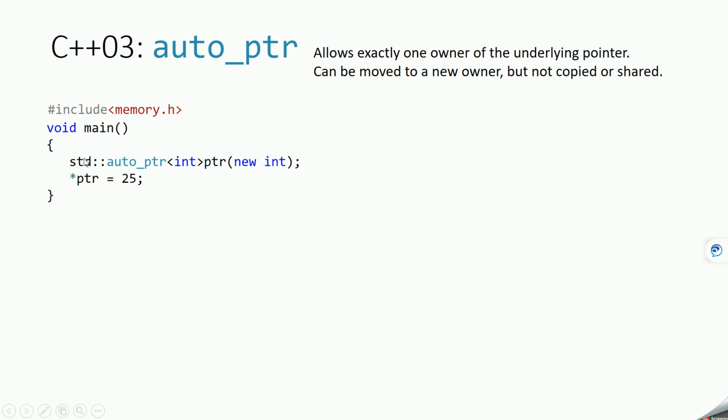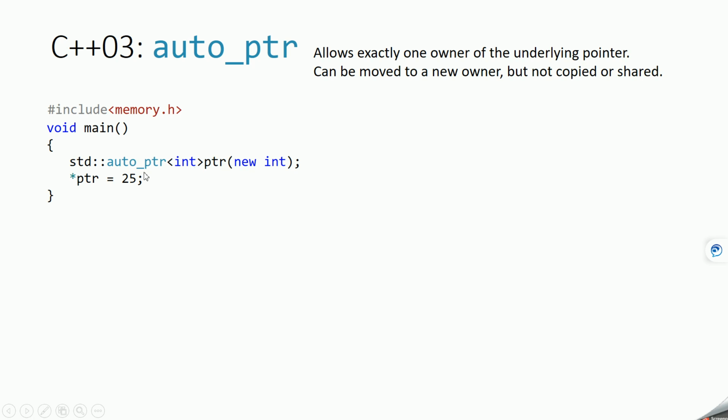Okay, so here what we are doing, we are creating a pointer using this auto_ptr, and this ptr will be pointing to the memory that is allocated at runtime using this new keyword, or operator.